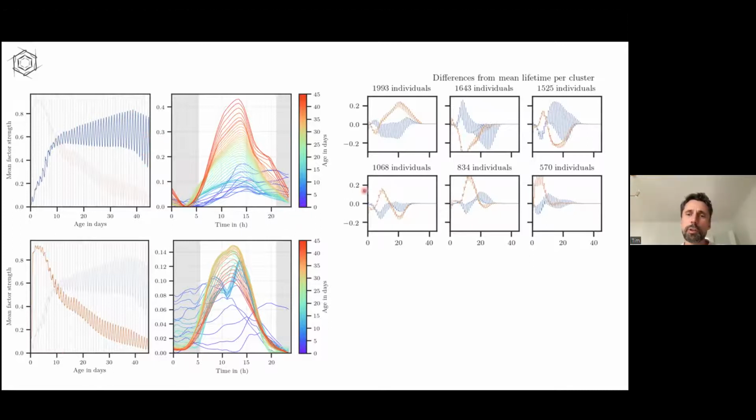Yeah, maybe I should just look at these things here in the interest of time. You can cluster the individual factors over the age, yeah, into different, let's say, developmental groups. Yeah, so these almost 2,000 individuals start much differently from the mean factor 1 or factor 0, F0.